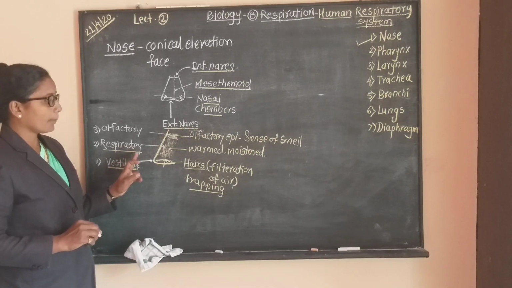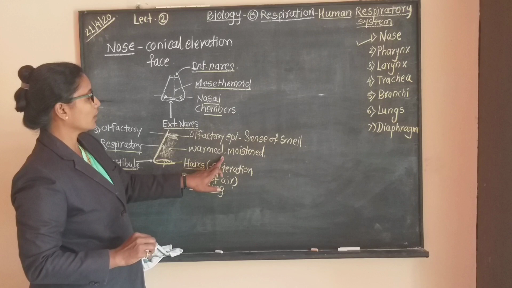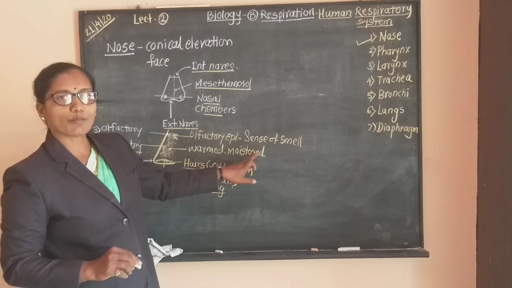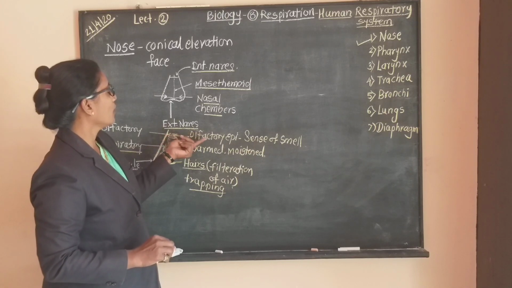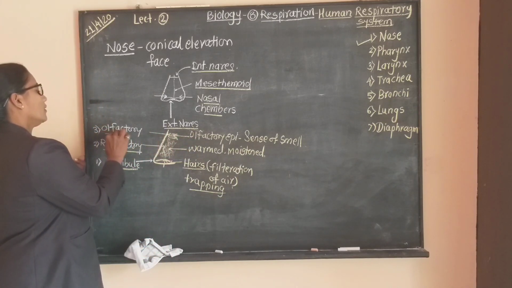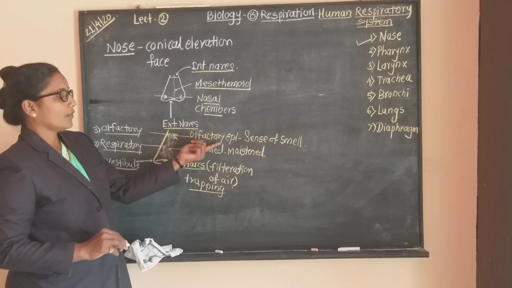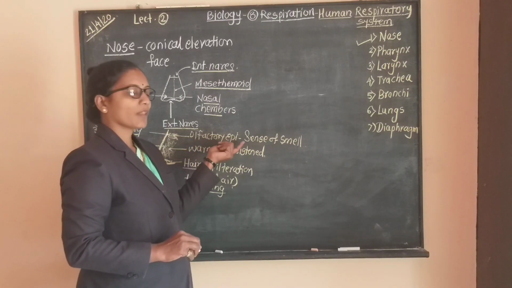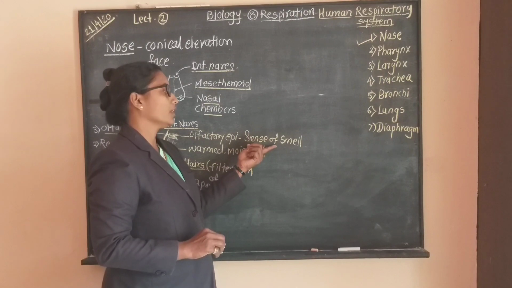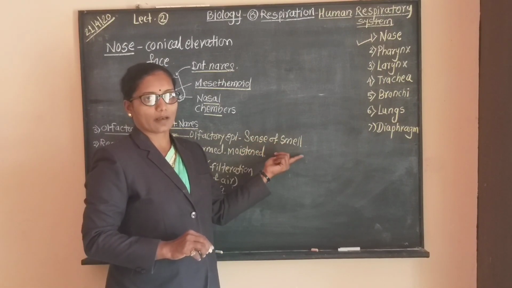This respiratory part is responsible for the warming and moistening of the air. And the innermost part is the olfactory part. This olfactory part, which is internally lined by olfactory epithelium, is responsible for the sensation of smell.